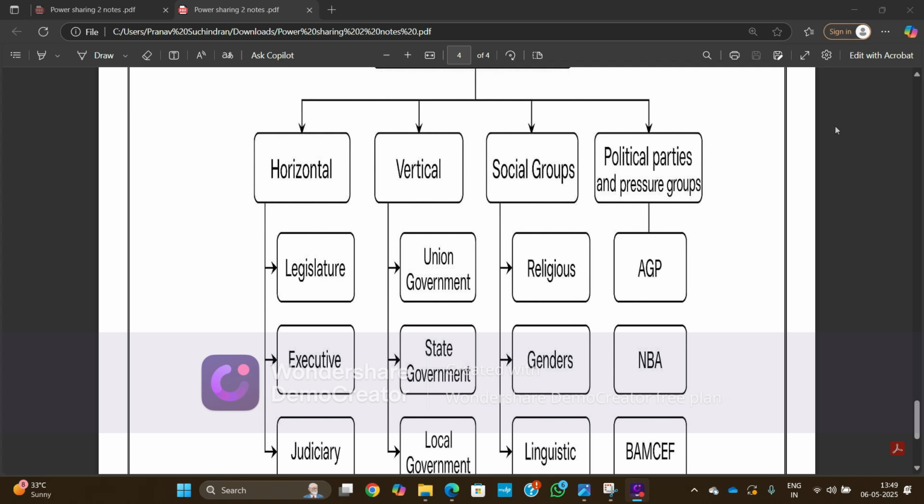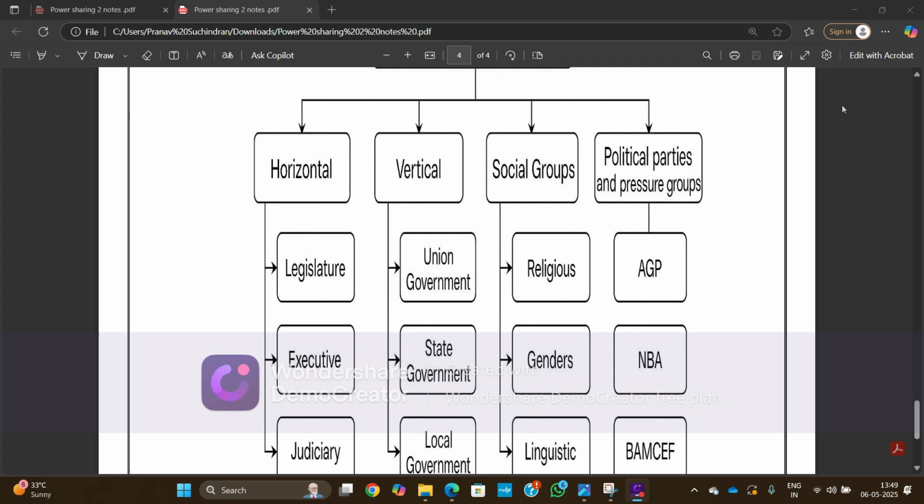Now let us look at the power sharing system among pressure groups. First, let us understand what is a pressure group. A pressure group is a group which would be created when they want to protest or show their disinterest against one particular problem. For example, the Narmada Bachao Andolan was a pressure group.